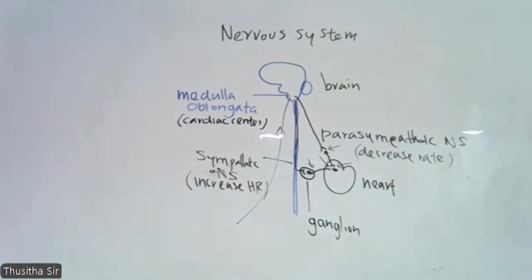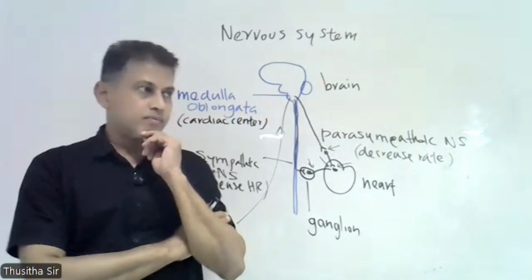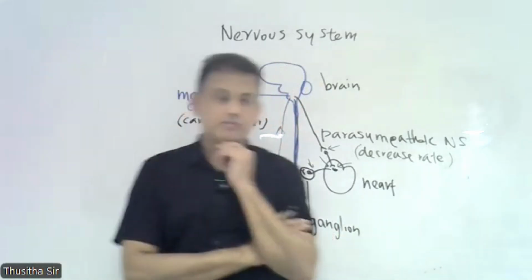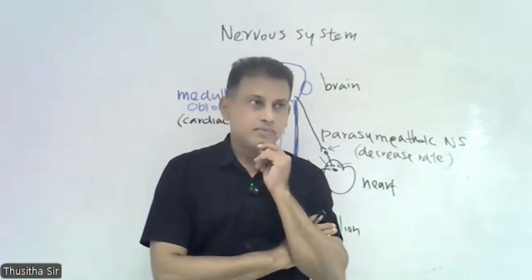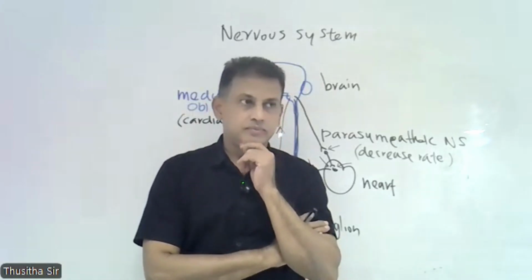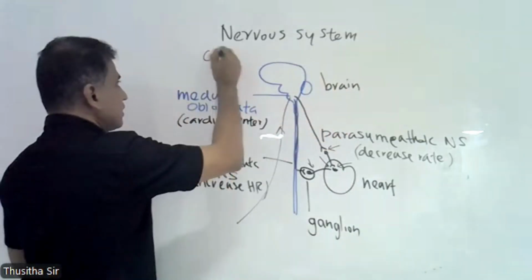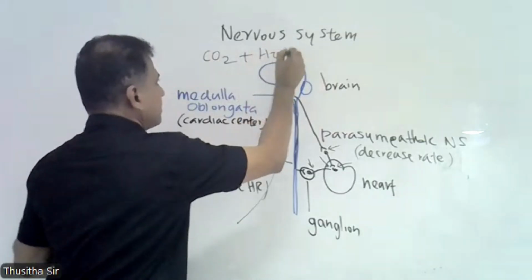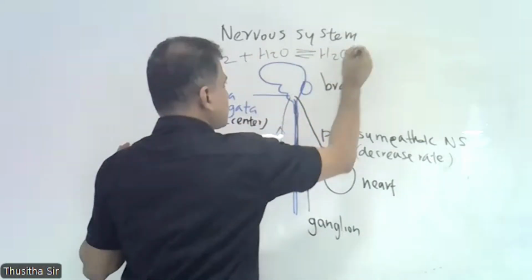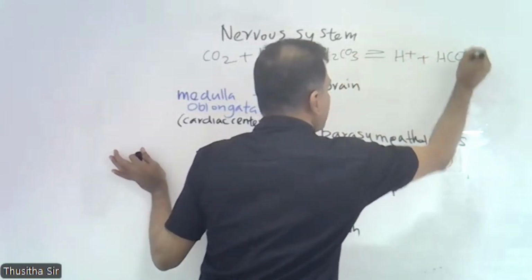Then can you write: when carbon dioxide level increases in the blood, the blood pH decreases. I think you can remember this: carbon dioxide and water make H2CO3, carbonic acid, then it makes H plus and hydrogen carbonate.